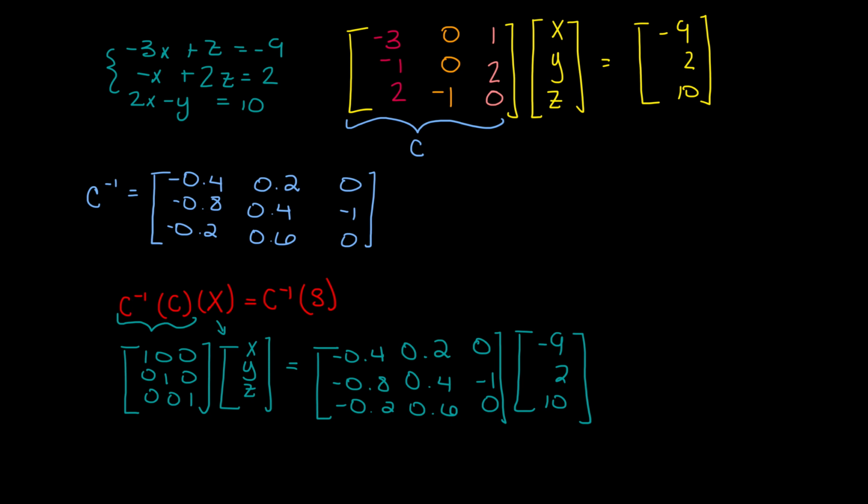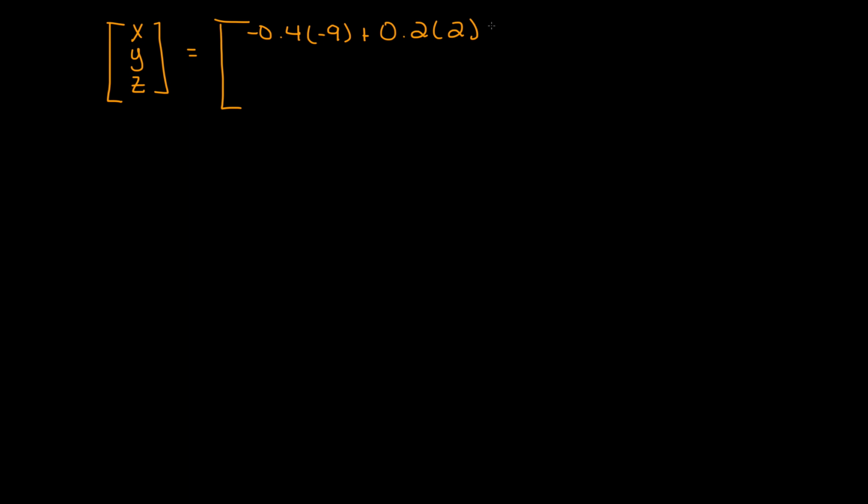If you need to take a moment to write this down, write it down. We're going to go to the next step, and we're going to start with a clean page. On the left-hand side, when we do that multiplication, we're going to get x, y, and z. On the right-hand side, we will get -0.4 times -9 plus 0.2 times 2 plus 0 times 10.